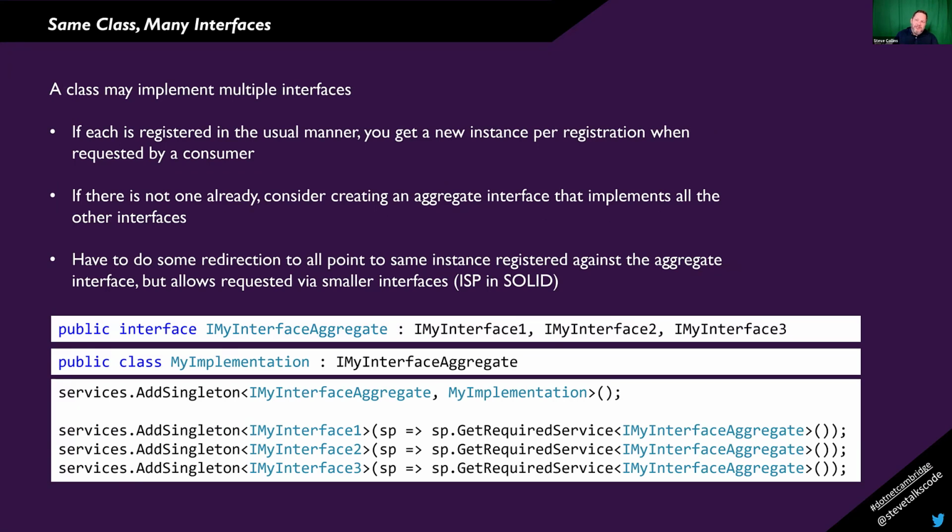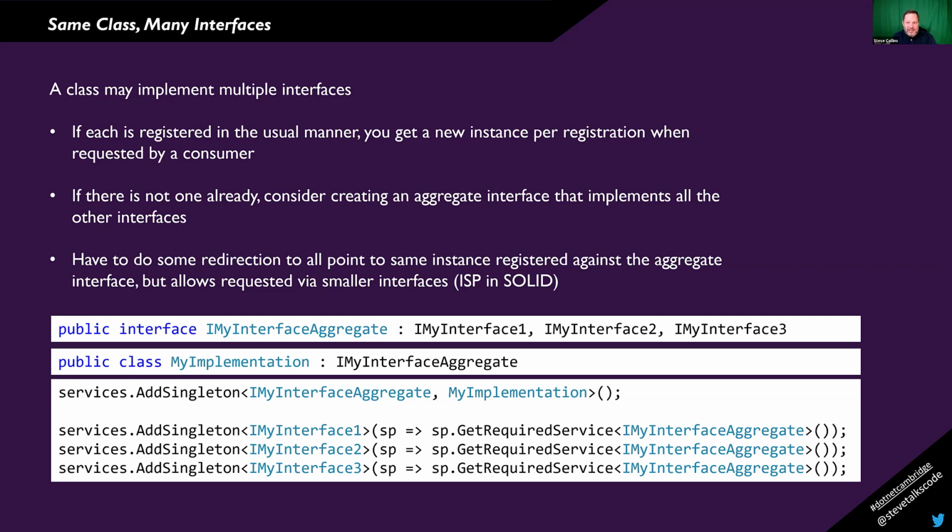Going the other way around, you may have a single class that has multiple interfaces, especially if you've gone down the interface segregation principle route from SOLID. If you register the type with each interface individually, each registration creates its own distinct instance. Especially if you've got a singleton or a scoped, you want to get that same instance back.